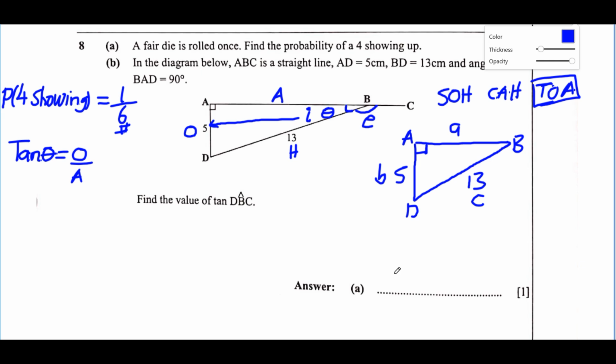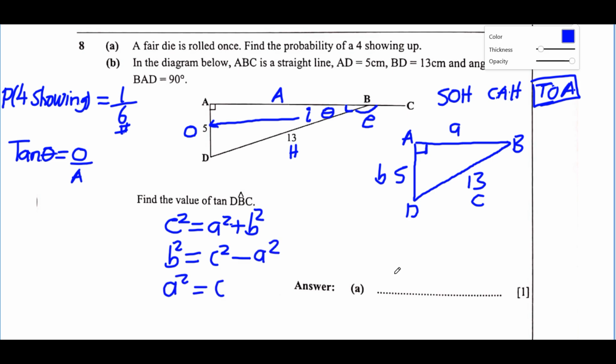So whenever you're dealing with Pythagoras theorem, use this formula. If you are solving for C, C squared is equal to A squared plus B squared. If you are solving for B, this will be B squared is equal to C squared minus A squared. If you are solving for A, A squared is equal to C squared minus B squared. So as we can see, we are solving for the distance A. So A squared is equal to C squared minus B squared.